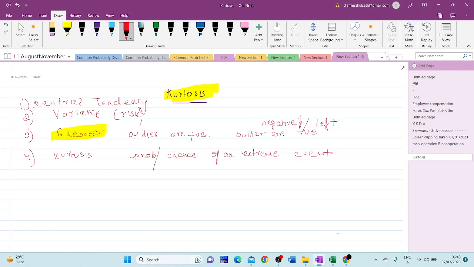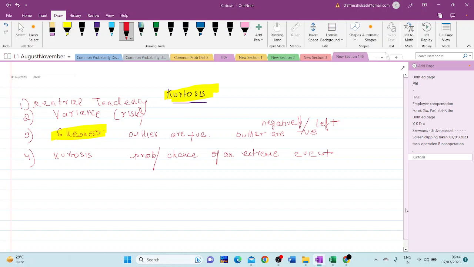So a negatively skewed distribution with a very high kurtosis is going to tell me that chances of extreme negative events happening is very high. So if you were to invest in such a distribution of stock returns, right? So if the distribution of stock returns is negatively skewed with high kurtosis, then the risk of investing in that particular stock is going to be very, very high, right? So that's what the idea is.